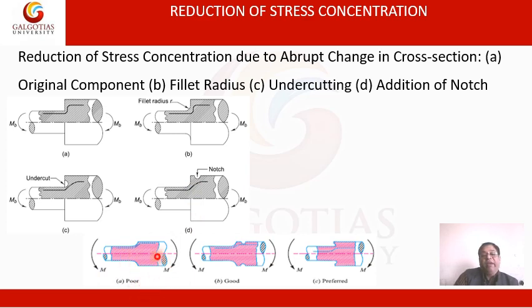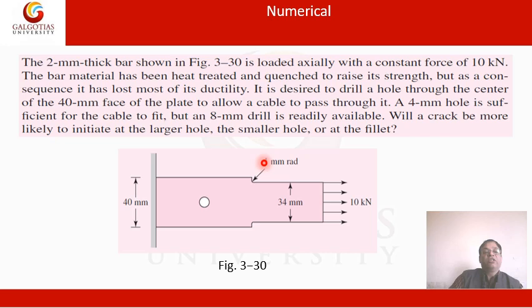This is a poor way of creating the mechanical component. This is a good way when you create the notch. And the third, the best way, is to provide the fillet at the corner, which will definitely reduce the stress concentration at the corner, and the mechanical component will be safe.